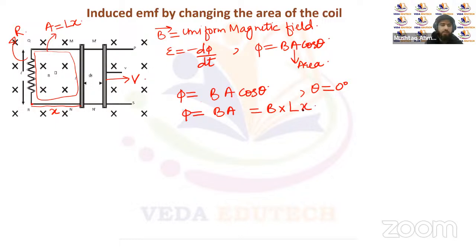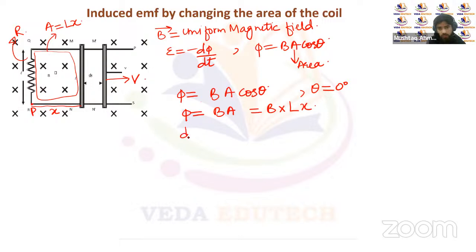And this x is now a variable because it is continuously changing, as it's the horizontal distance of this rod from this point P, and it is continuously changing because of the speed of this rod along the horizontal direction.